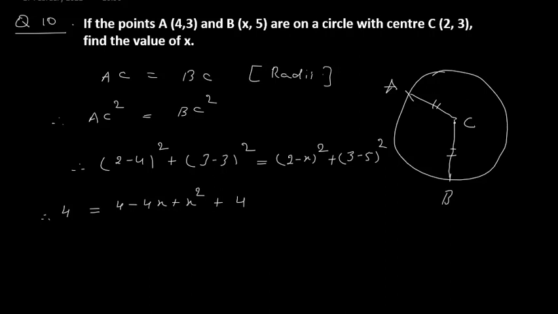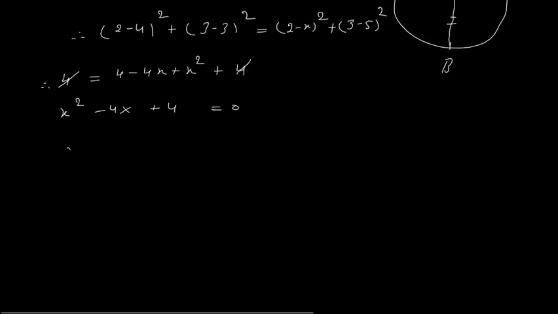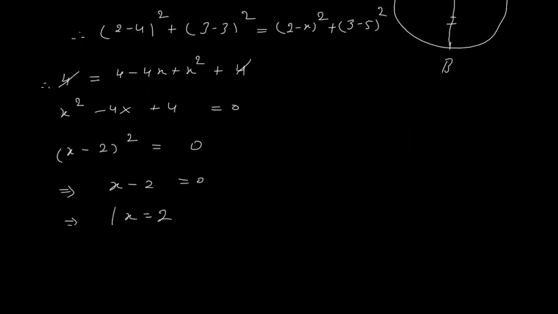Now this 4 and this 4 I can cancel, so I have an equation x square minus 4x plus 4 is 0. Now x square minus 4x plus 4 is x minus 2 the whole square. So x minus 2 the whole square is 0. This will give you x minus 2 is 0, and the value of x is 2.